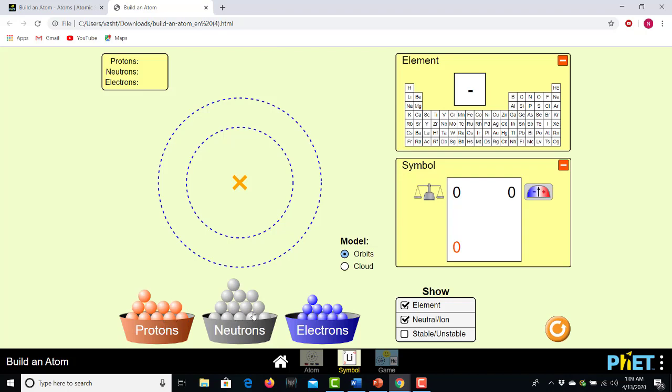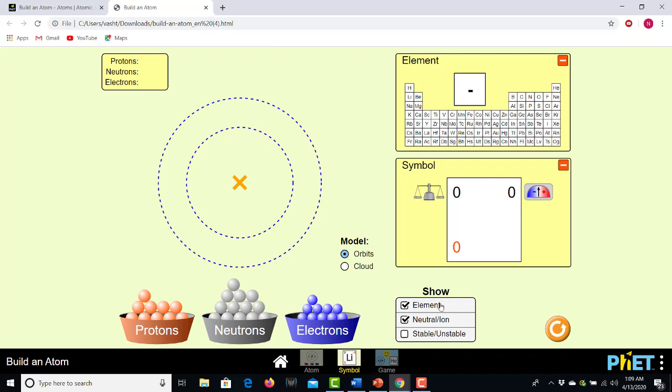A neutron is neutral, and that means it doesn't have an electrical charge. And an electron has a -1 electrical charge. Protons and electrons have equal but opposite charge. Again, a proton has a positive 1 charge, and an electron has a -1 charge.